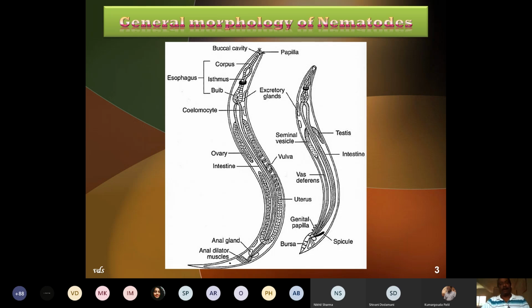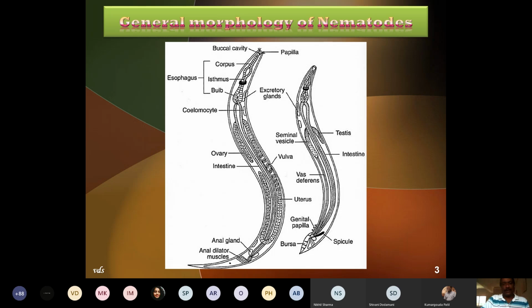Okay. Now, apart from this particular structure, especially in the male, there are certain copulatory accessory organs which are called spicules. There are two spicules, which are spine-like structures, and these help the male parasite to mate with the female.